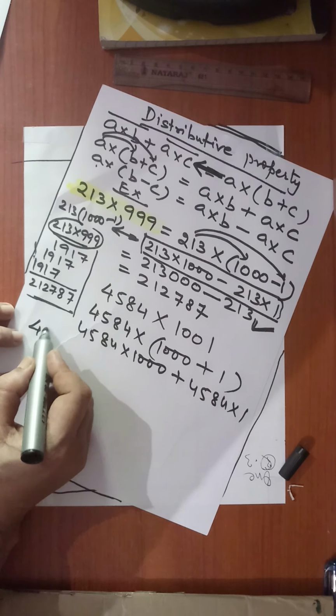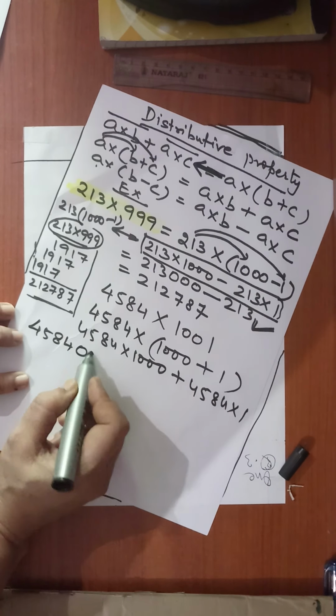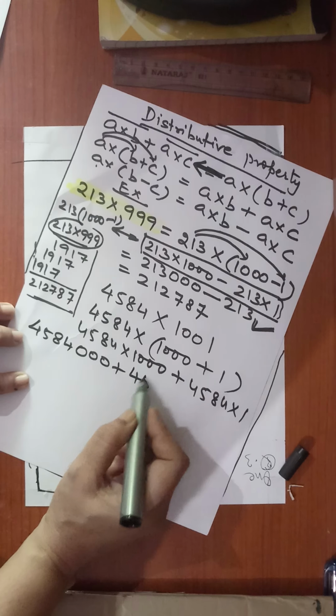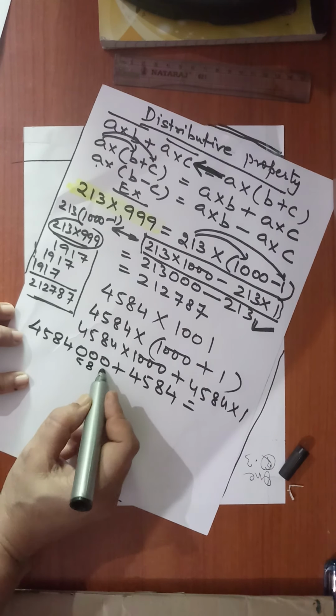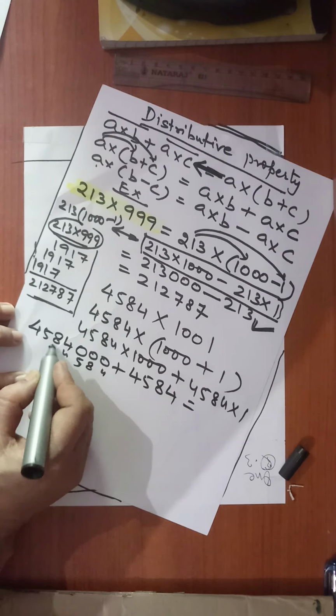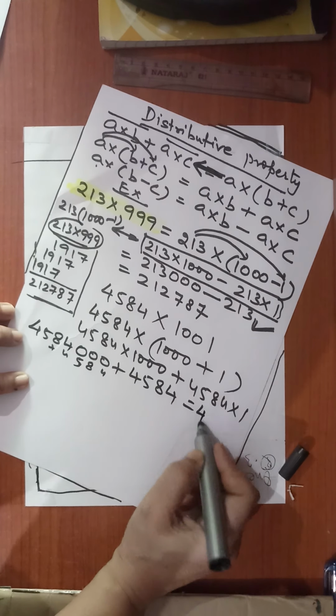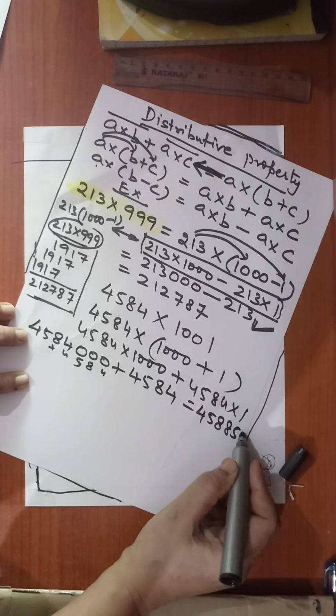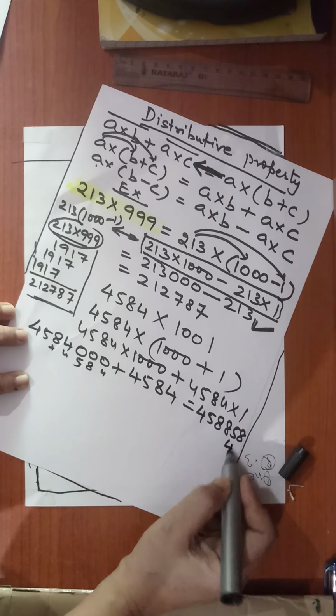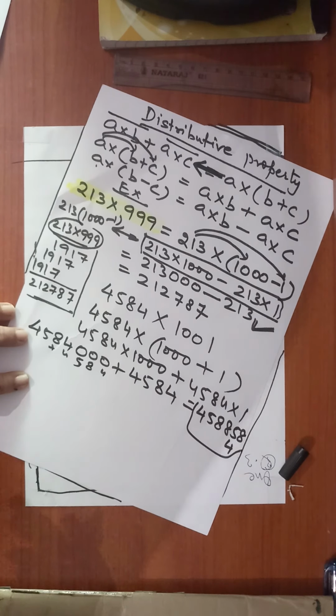So it becomes 4584, 3 zeros plus 4584. So this can be directly done. 584 आपने add किया, here 4. So directly it can be done. It is 4588584. All right, so this becomes the answer.